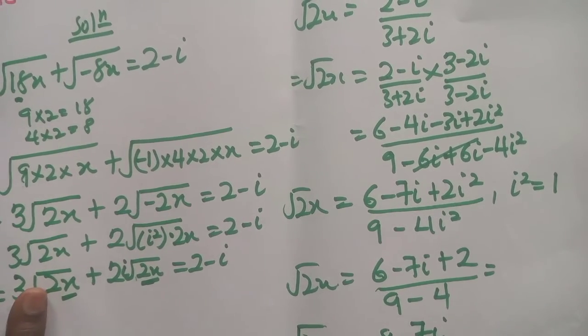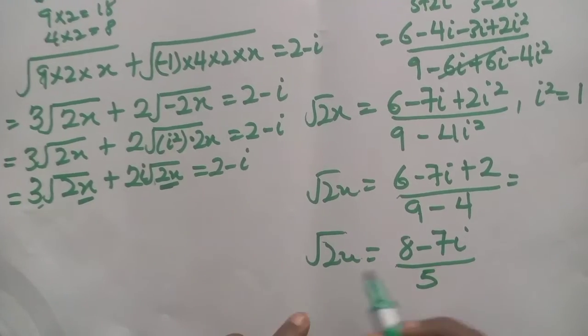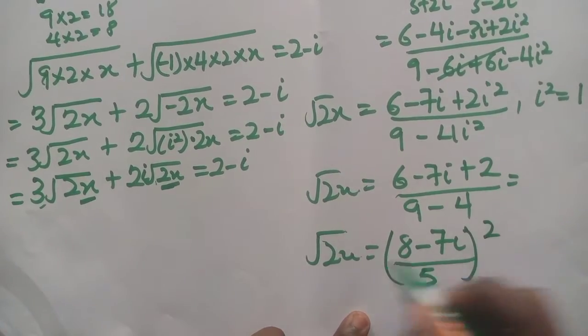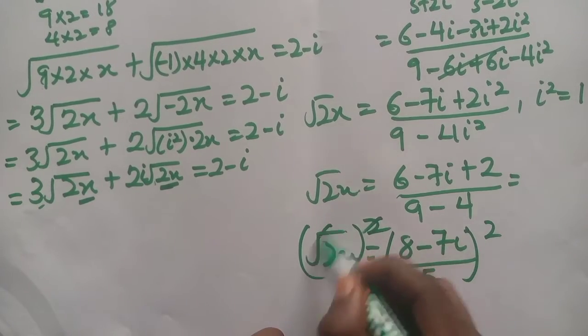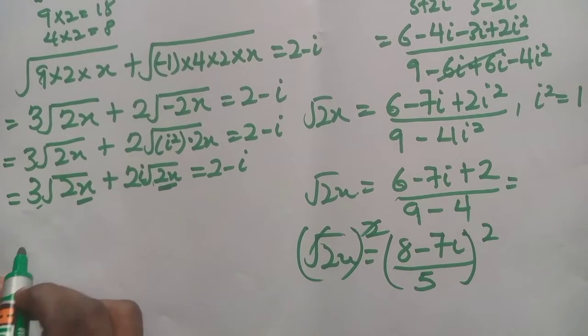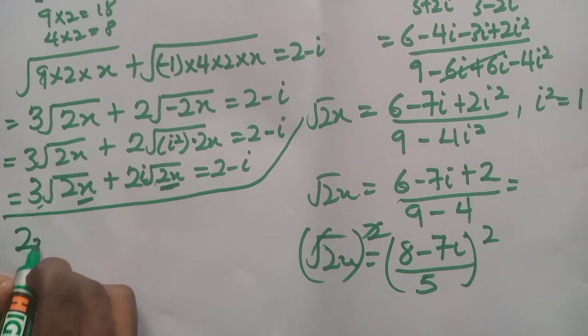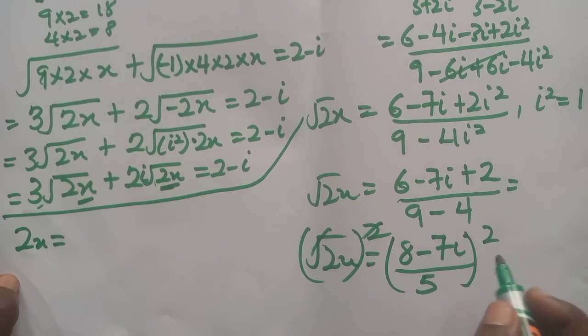Now how do we get x? You realize that we can just solve this by squaring both sides. When I square this side, this gets rid of the root, and we have just 2x being equal to the square of that.